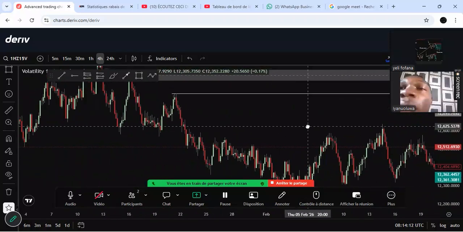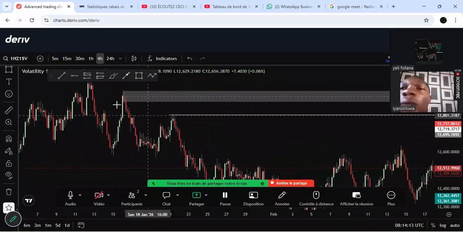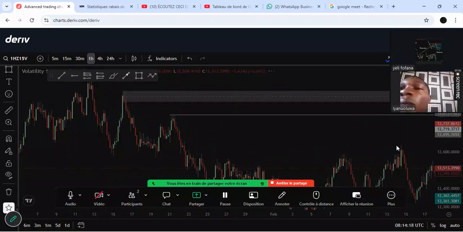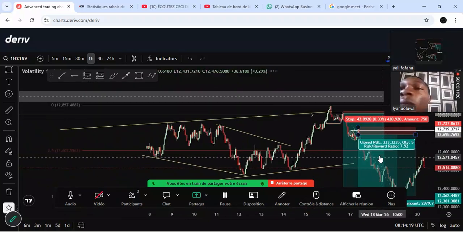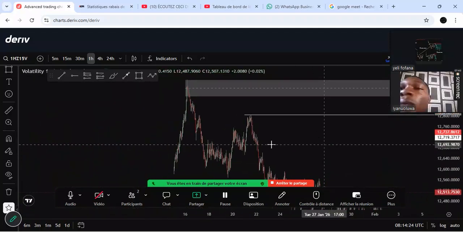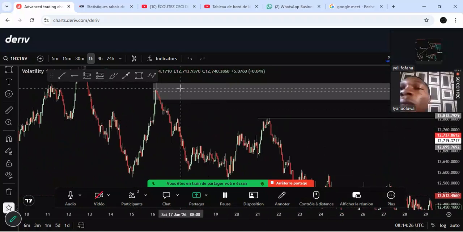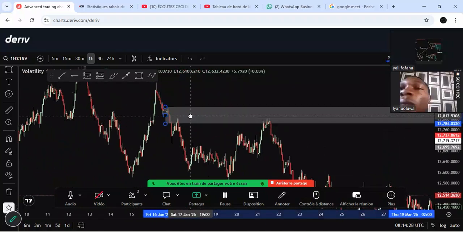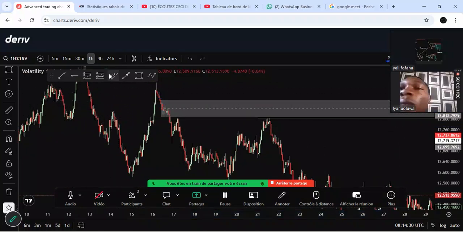Once price taps to this kind of other blocks, we can take very, very good sniper entries. So check the blocks. You see the blocks? This is our blocks.